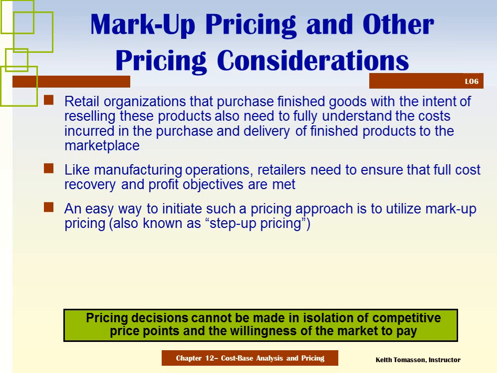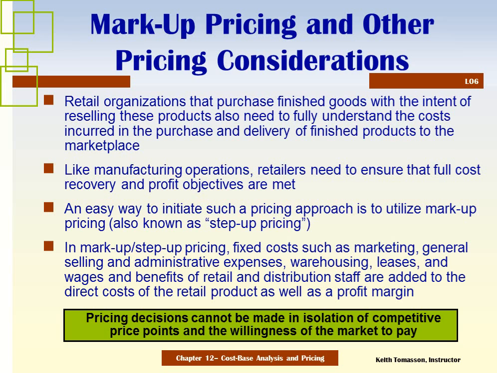In markup or step-up pricing, all the fixed costs such as marketing, selling and admin expenses, warehousing, leases, wages, and benefits of the retail and distribution staff are added to the direct costs of the retail product, as well as a profit objective, to determine the final price that would be sold to customers.